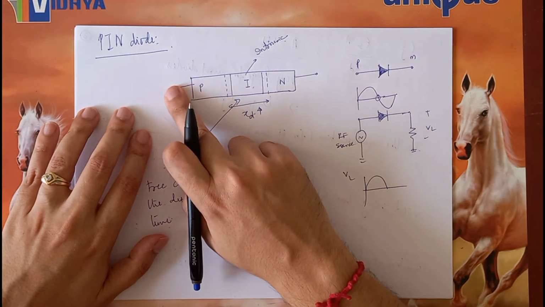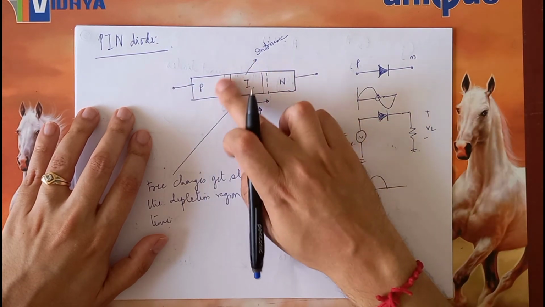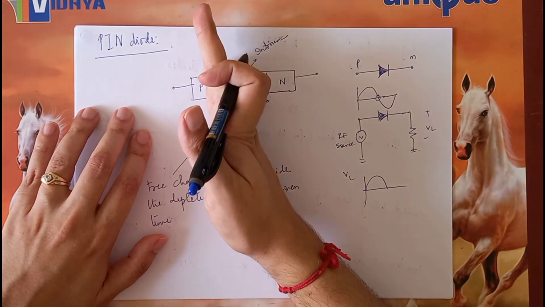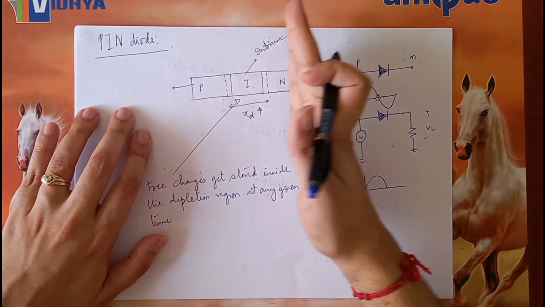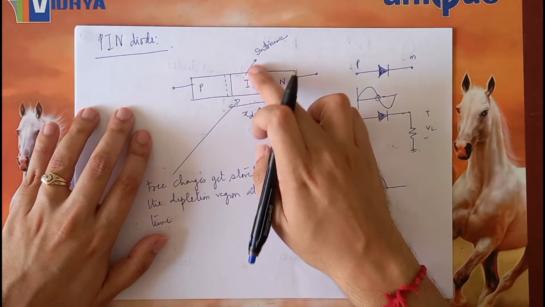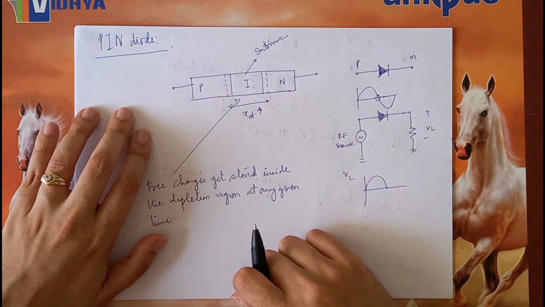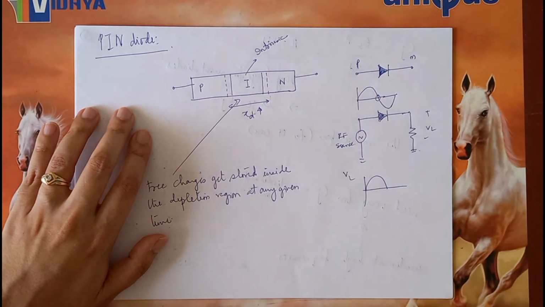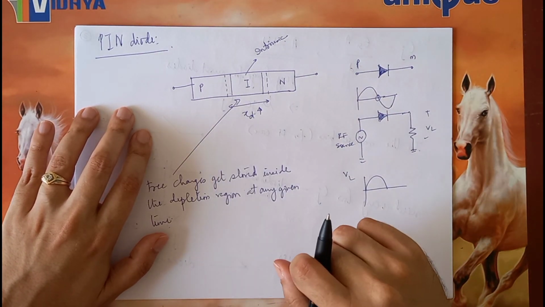Now, when we are changing the reverse bias, these charges also need to go somewhere. The holes on the P side start getting attracted over here and the holes on the N side start getting attracted over here. But what about the charges that attract? So these will also try to follow what the P and N sides are doing.